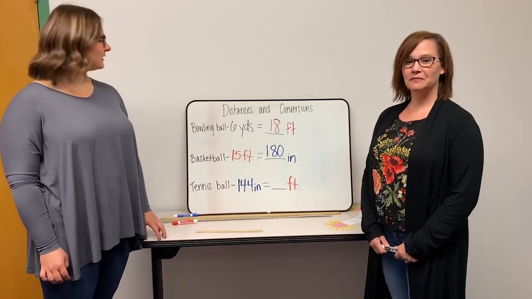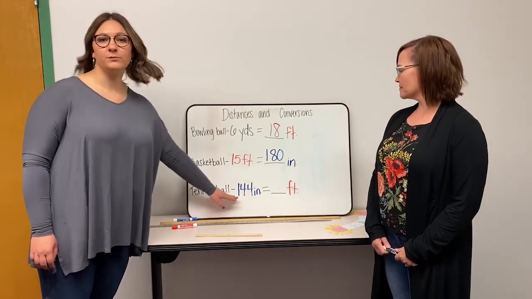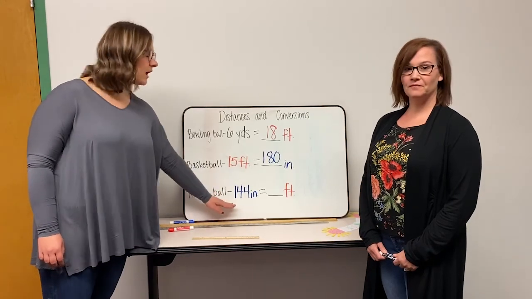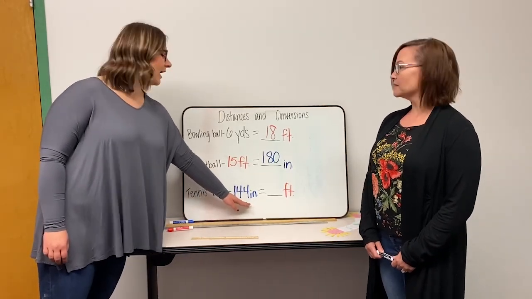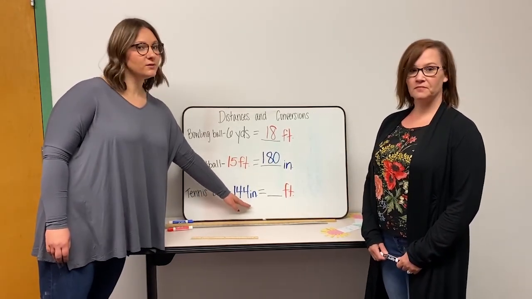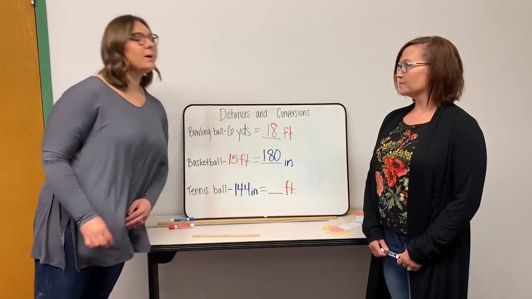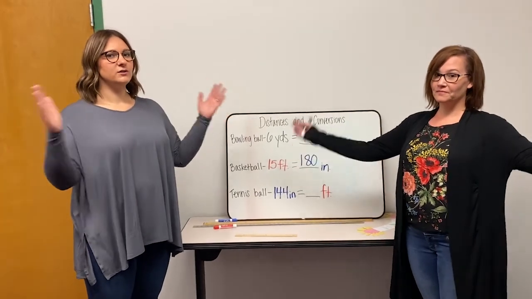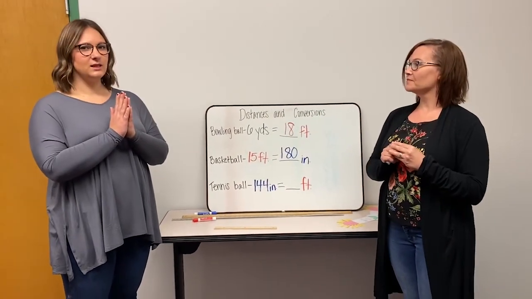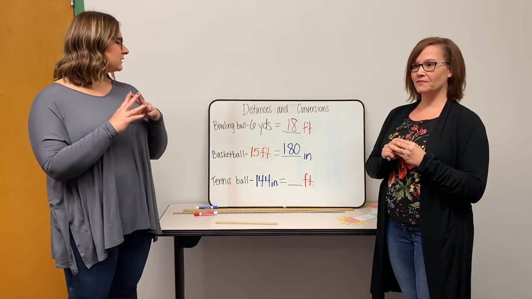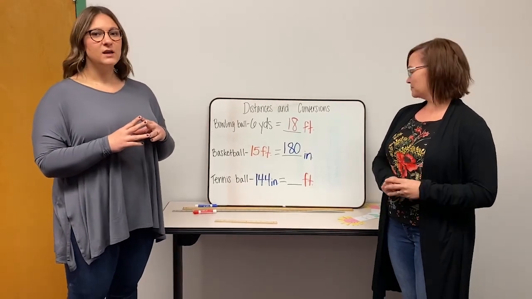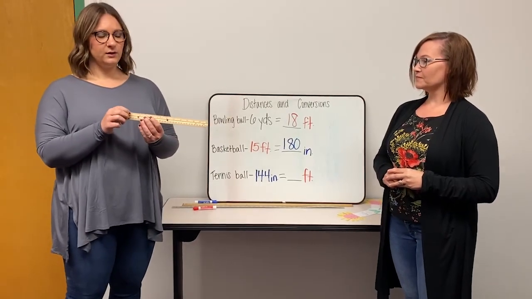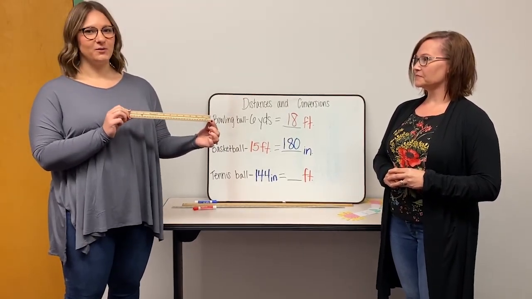Okay, lastly, we're going to take a look at how far a tennis ball rolled. Remember, we already converted this for you. It traveled 144 inches. Now, we want to try and convert that into feet. Remember, are we going from smaller to larger or larger to smaller? Take a minute to think about it. If you said smaller to larger, you're correct, because we're going from inches, which is a smaller unit, to feet, which is a bigger unit.